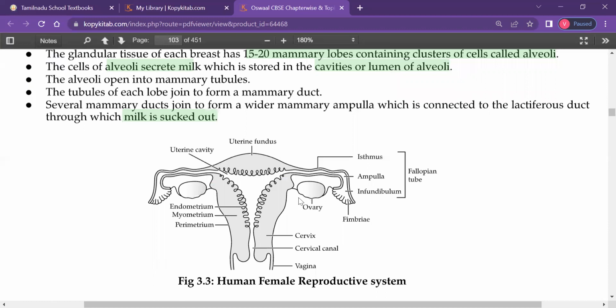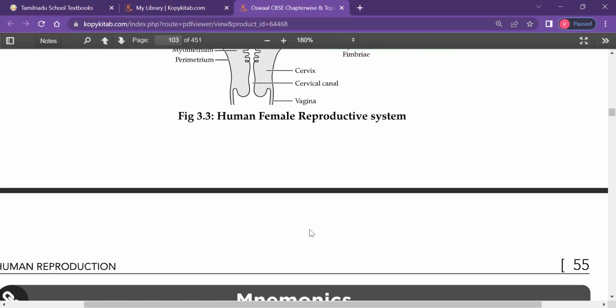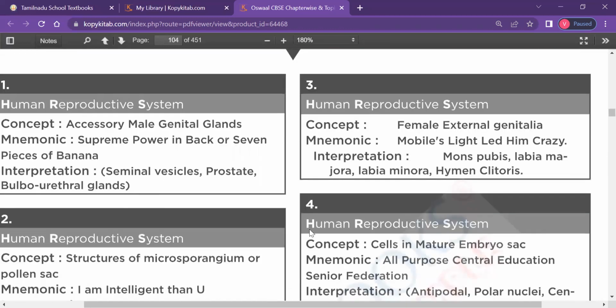If the ducts or the ovary are damaged at any part, then the egg will be very weak, and weak eggs can't produce a strong baby, isn't it? So these are the things which we have to understand and work on.